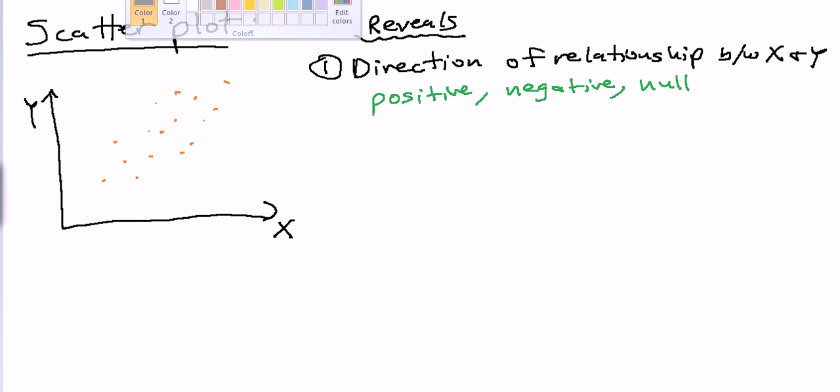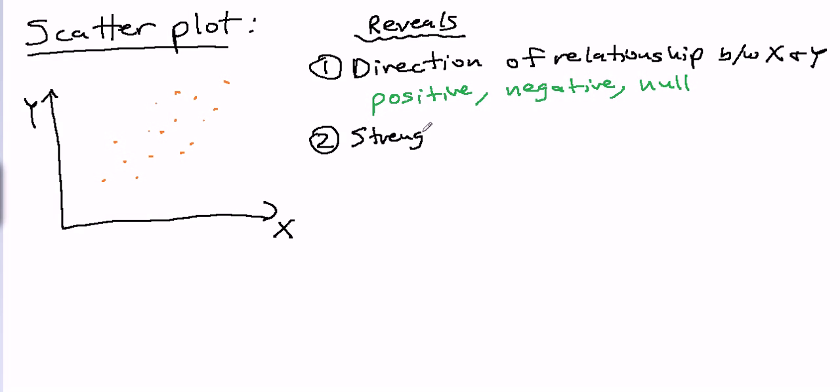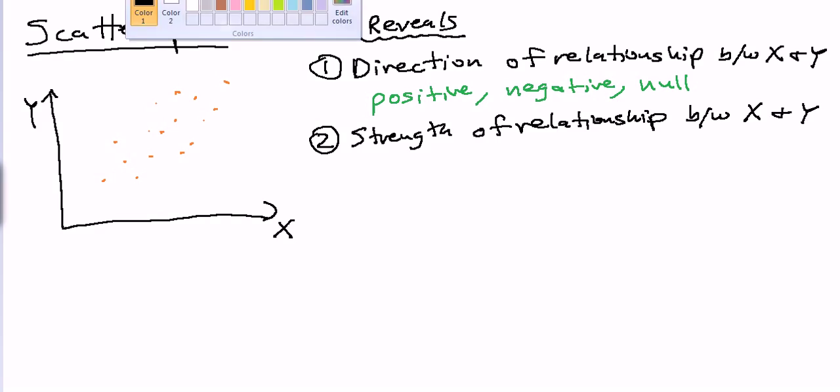Two, a scatter plot will also reveal, as well as the direction, the strength of relationship between an x variable and a y variable.